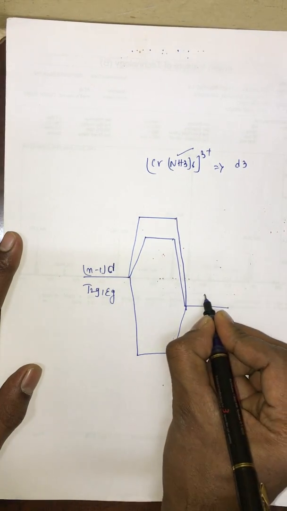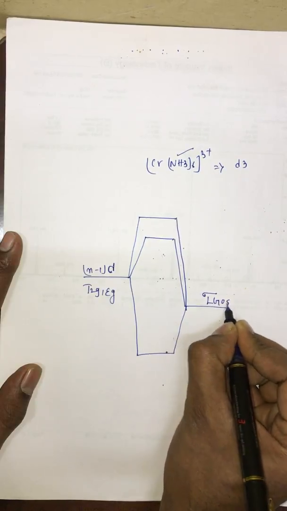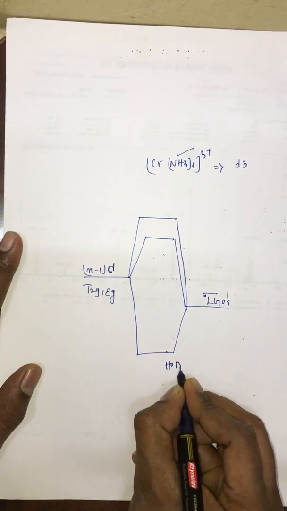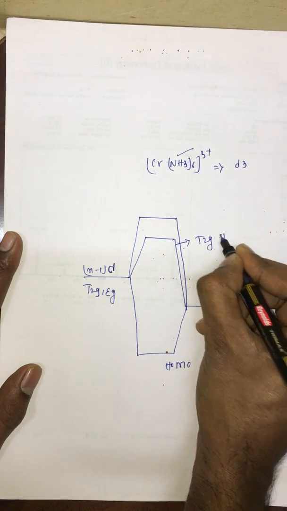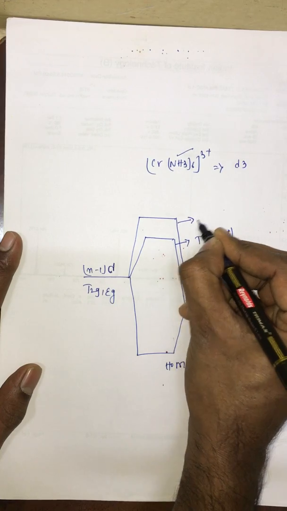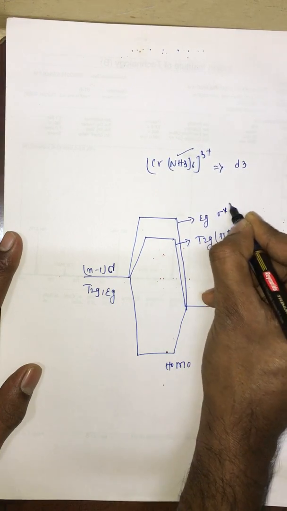This is the sigma ligand group orbitals. This is the HOMO. This will be T2g, that is pi star. This is Eg, that is sigma star.